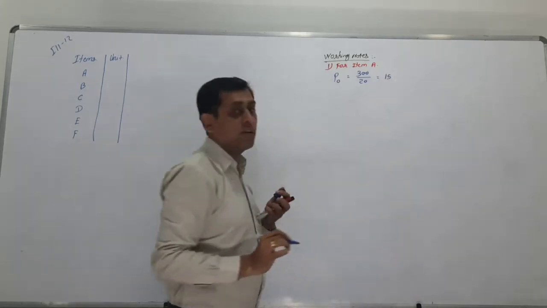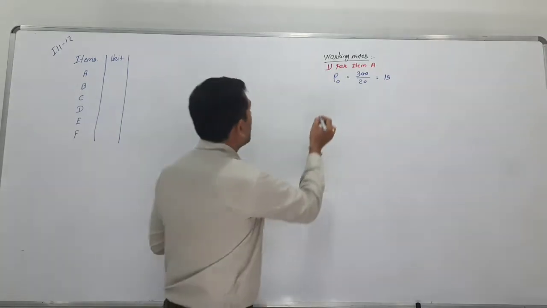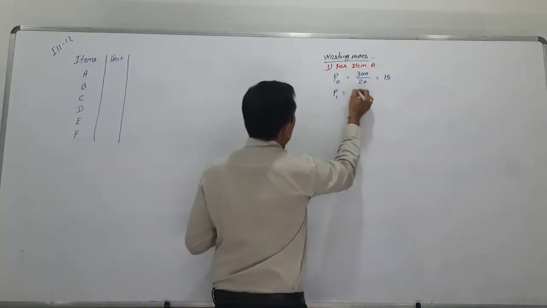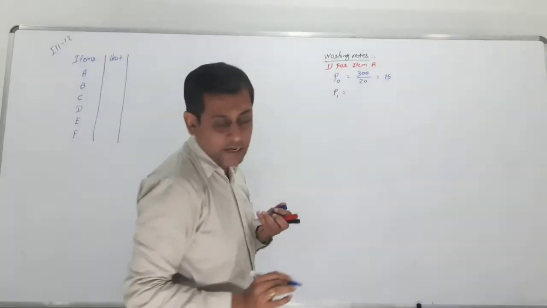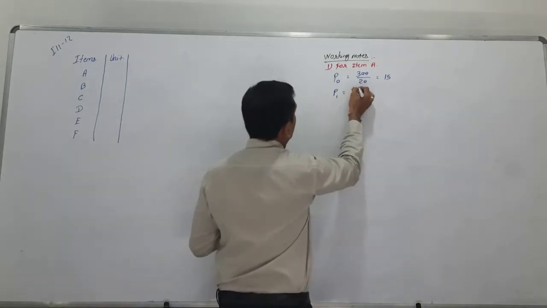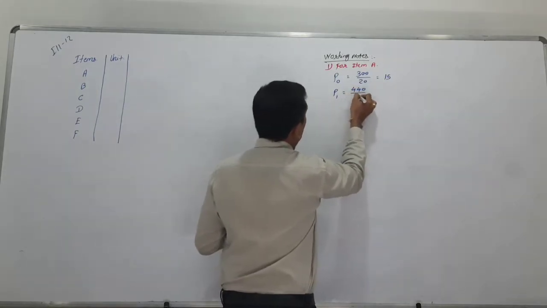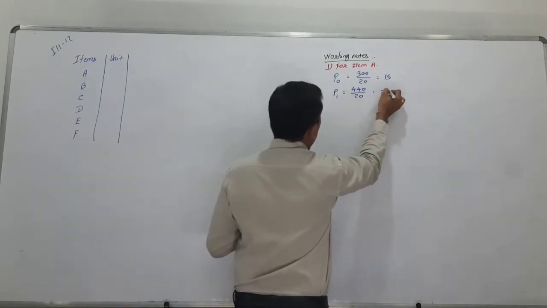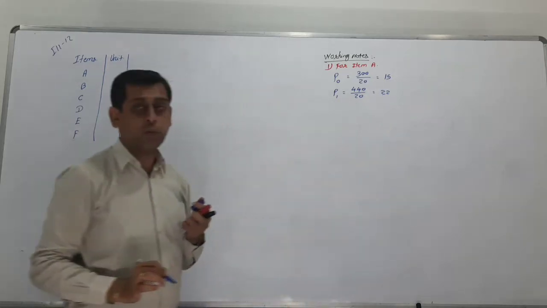The answer is 15. Now for P1, the price is 440 divided by 20, which is 22.